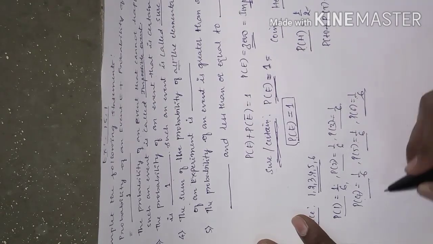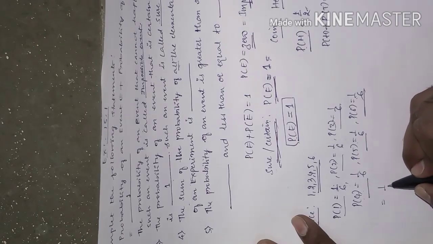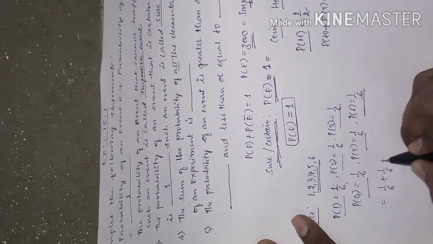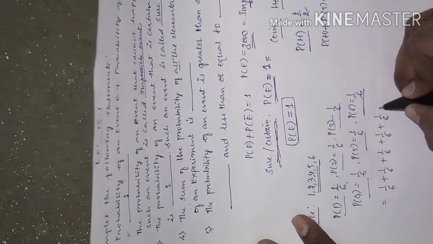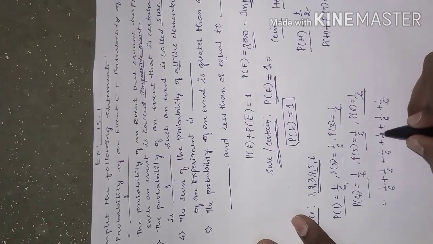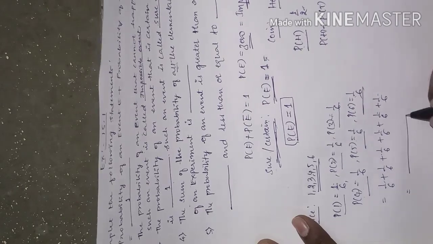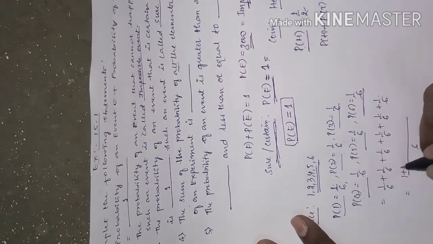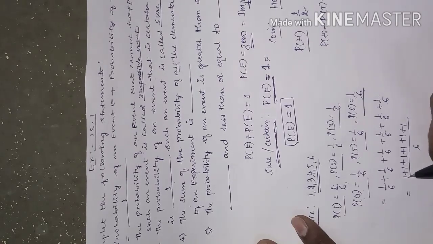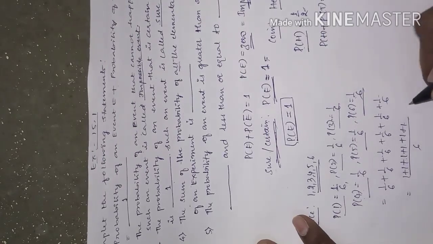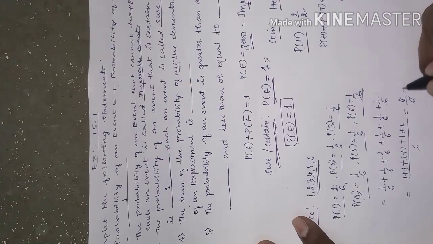So the sum of all elementary events is 1 by 6 plus 1 by 6 plus 1 by 6 plus 1 by 6 plus 1 by 6 plus 1 by 6, six terms. The LCM is 6, so the numerator is 1 plus 1 plus 1 plus 1 plus 1 plus 1, which is 6. So 6 divided by 6 equals 1.